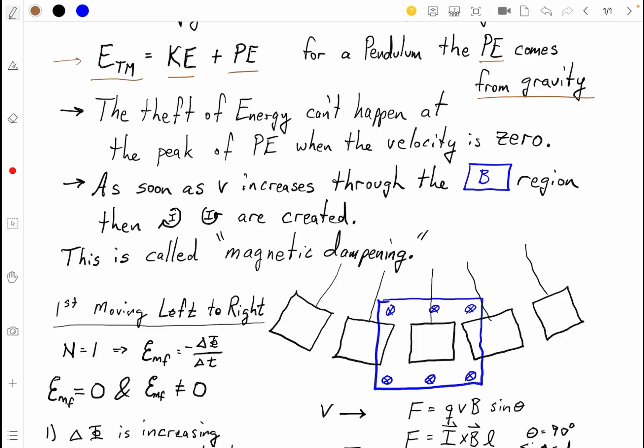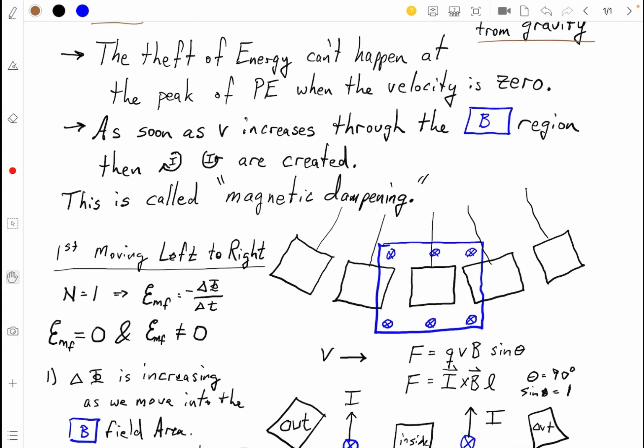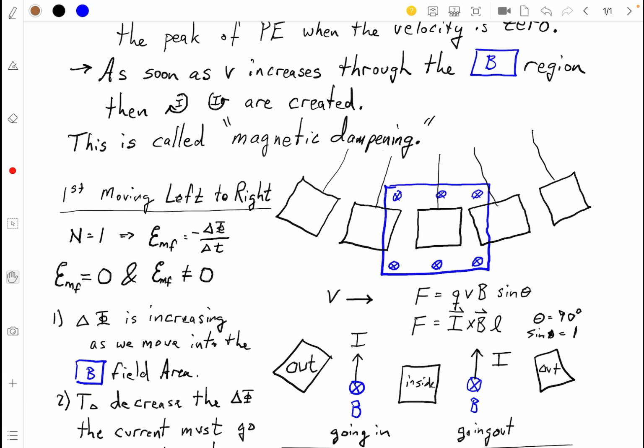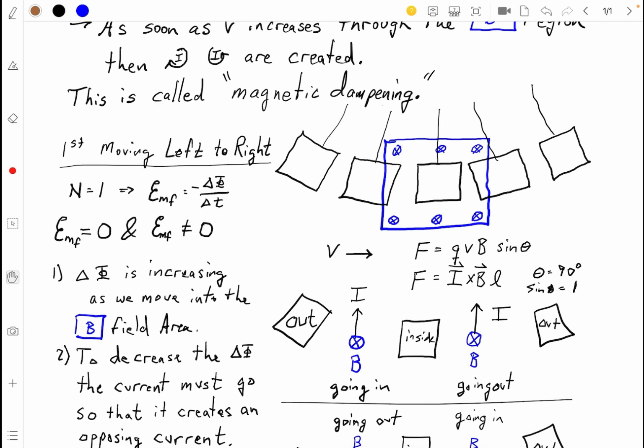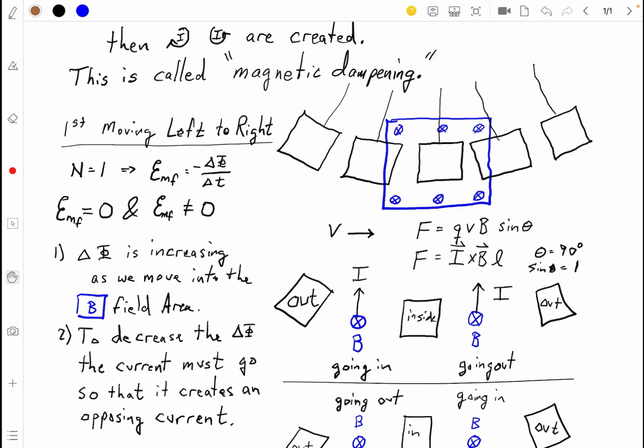Well, that's magnetic damping, taking energy out of the system. But we're going to talk about exactly where that energy goes and how the force does the magnetic damping. We're going to move from left to right, starting over here with number 1 and ending over here with number 5.